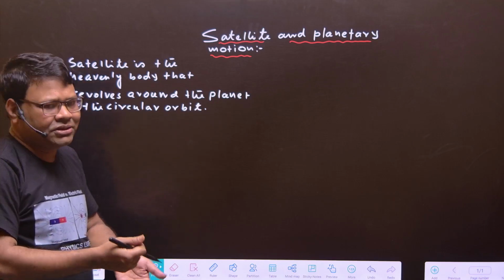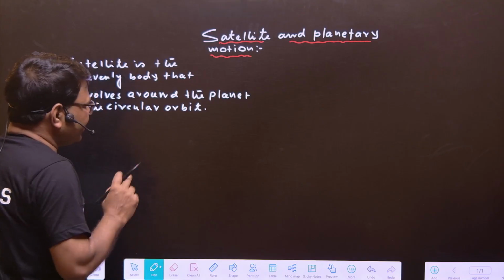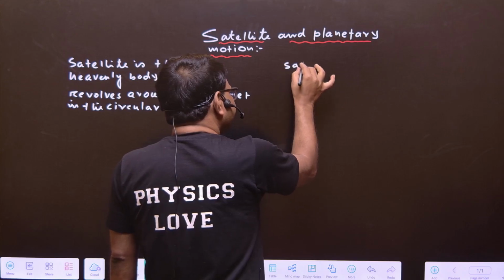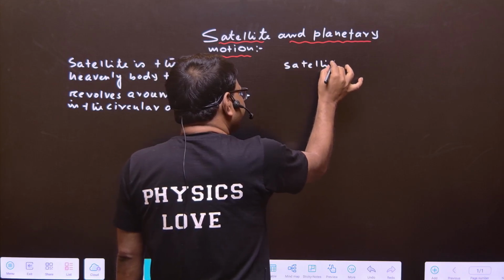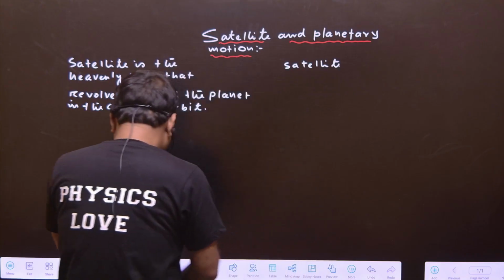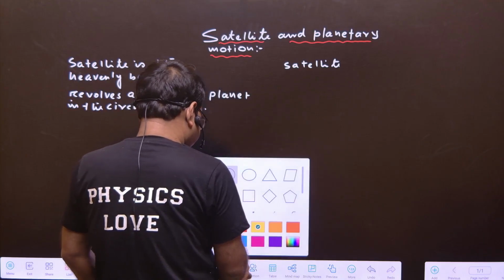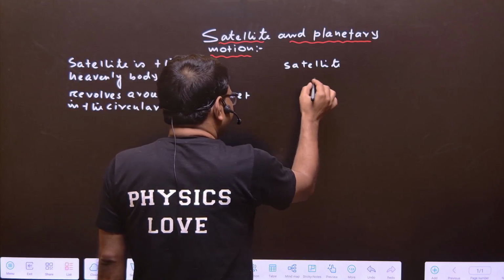And there are two kinds of satellite. Now see, satellite, there are two types. Number one, artificial satellite and natural satellite. Clear?